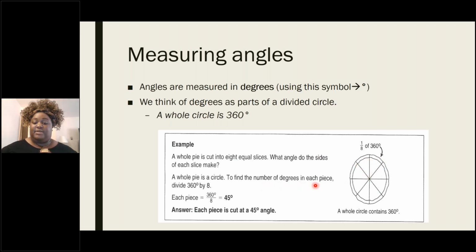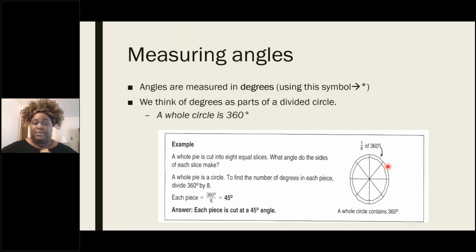So to find the number of degrees in each piece, remembering that a whole circle is 360 degrees, I can take that 360 and divide it by the number of slices I have, which in this case is 8. So if I do 360 divided by 8, it gives me 45. So that's telling me that each of these 8 pieces is cut at a 45-degree angle. And a way to check that, if I put 45 here and I added it 8 times, I should get 360.